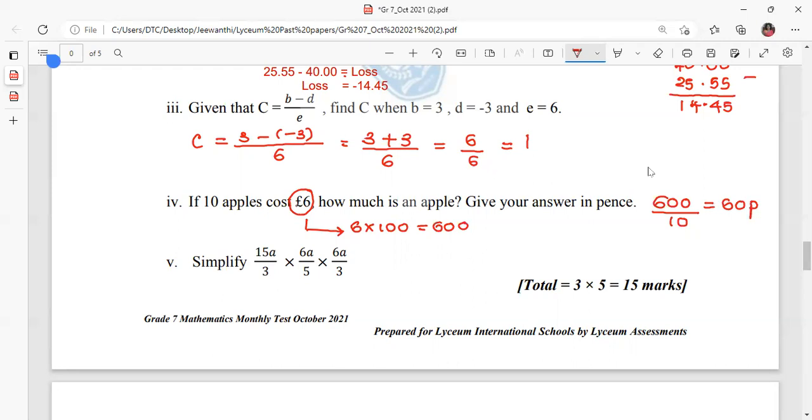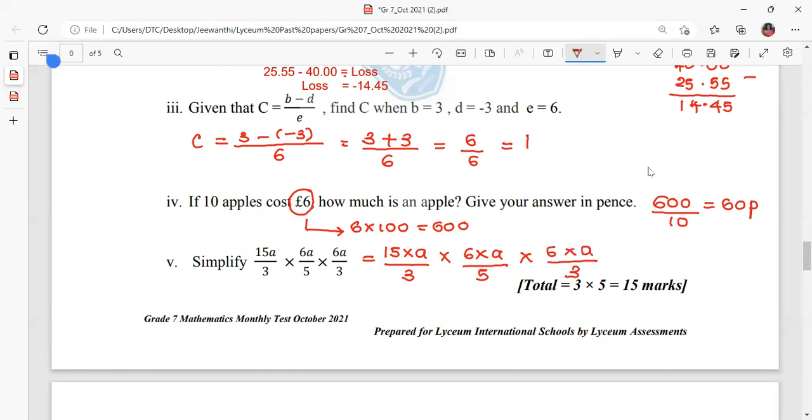Then the last one, we can simplify. I write 15 times A over 3, multiplied by 6 times A divided by 5, and 6 times A divided by 3.